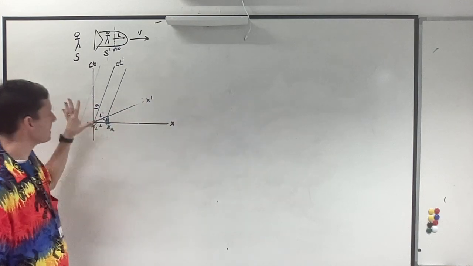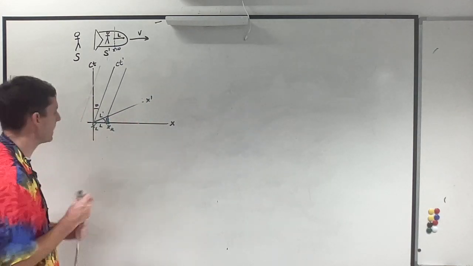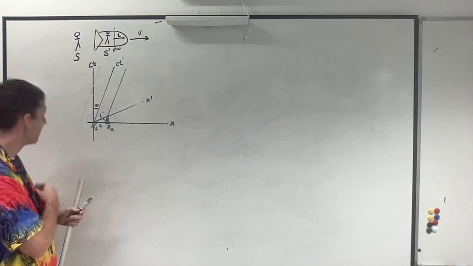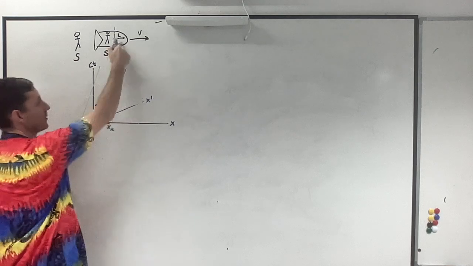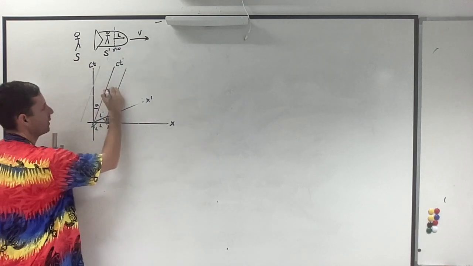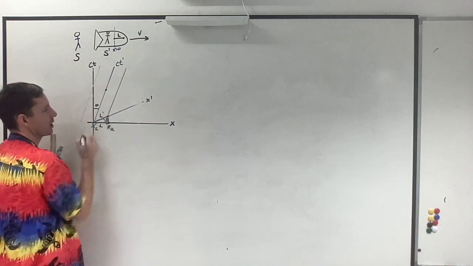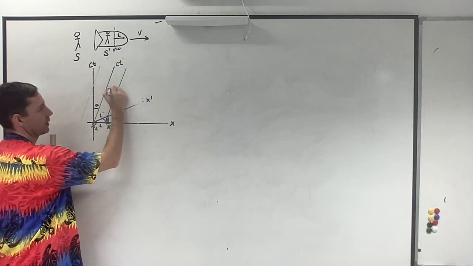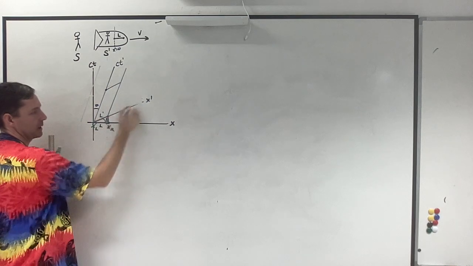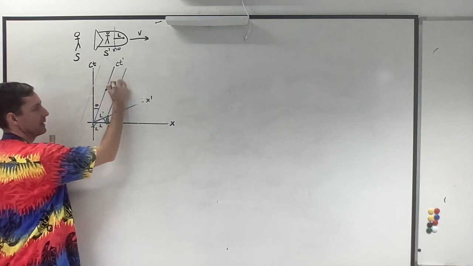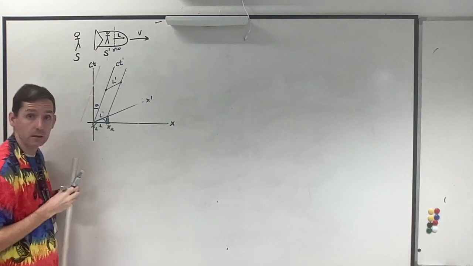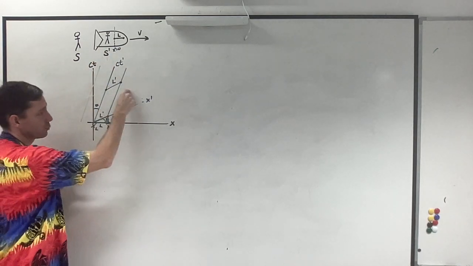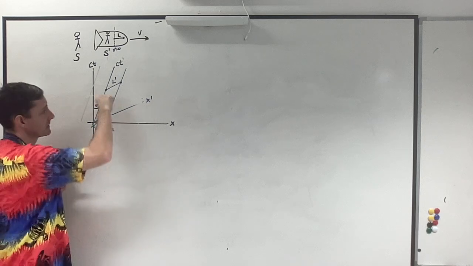Now this can be extended in any number of ways. You can say, well, what if we wanted to look at the length of the rod at some later point? If I look at the rod here, the rod would go from here, parallel to the X. That would be the length of the rod, according to S prime. You don't go this way because my x-axis goes that way.